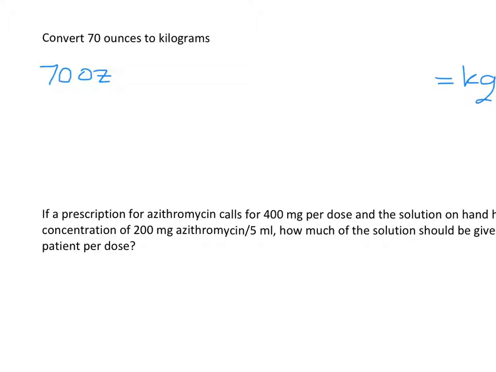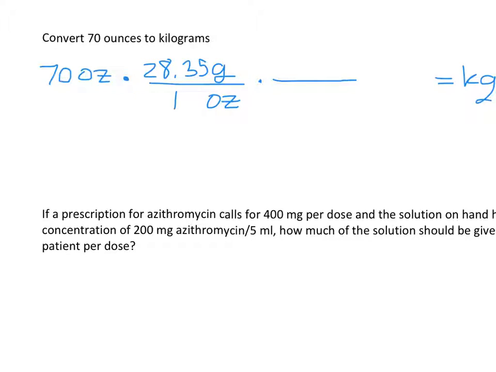We can't go directly from ounces to kilograms, but we can go from ounces to grams. If we look at that conversion sheet, we see that for every 1 ounce, that is equivalent to 28.35 grams. So we've got the same quantity top and bottom, so that's just a 1.